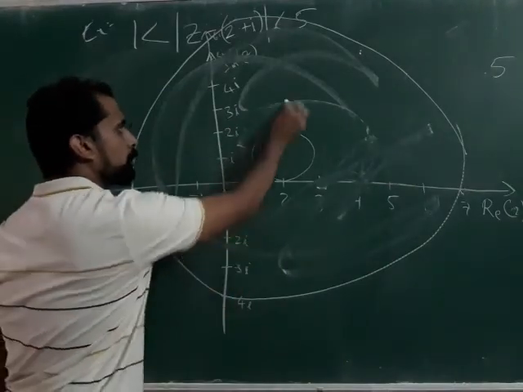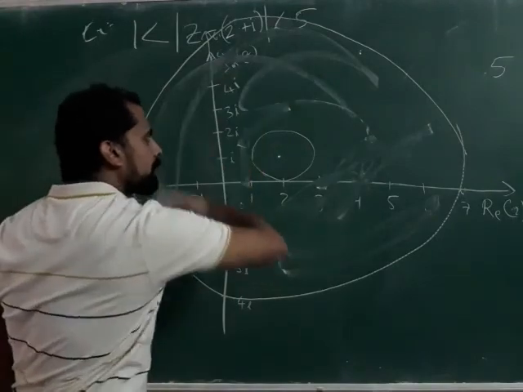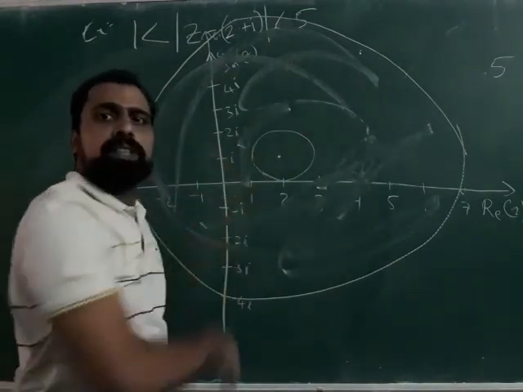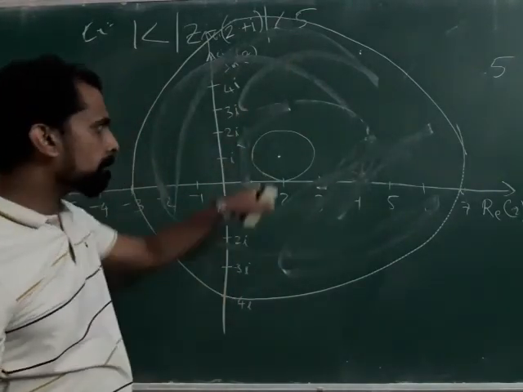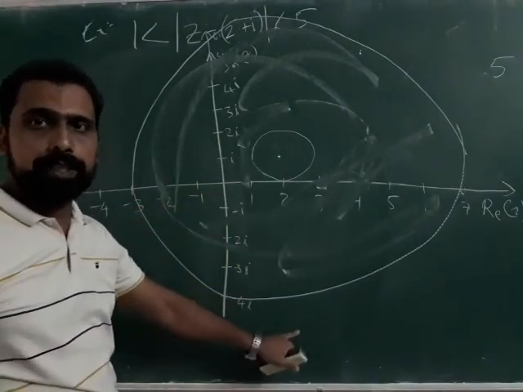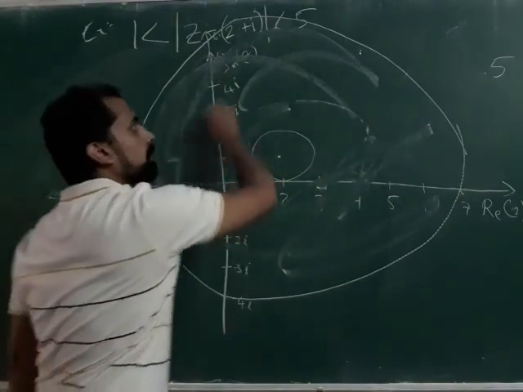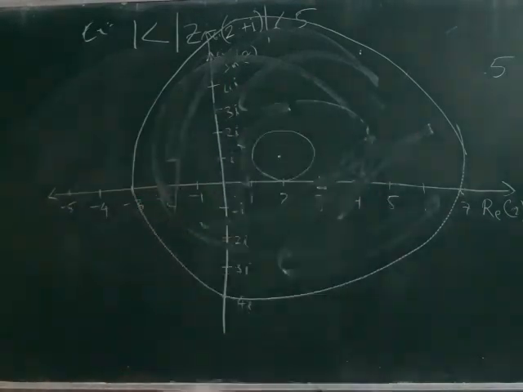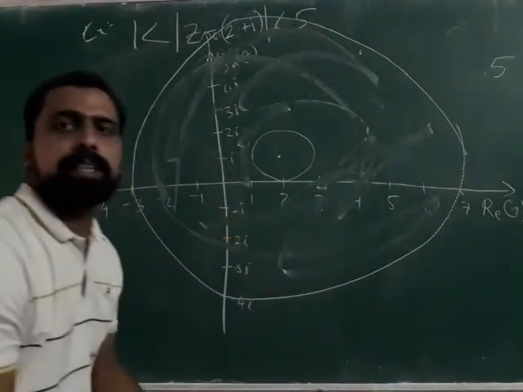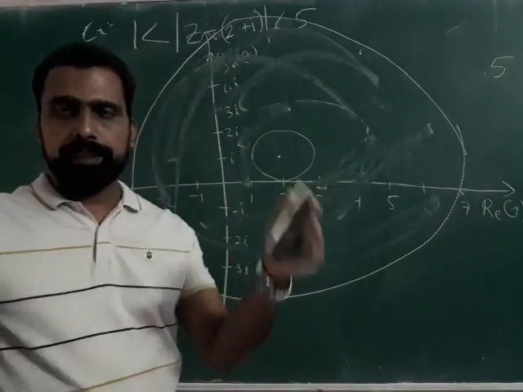You can choose your z point anywhere within this punctured disk, where this is excluded and this region also excluded. This is the only shaded region that is included in the problem. Okay, so this is the way to make a complex region.